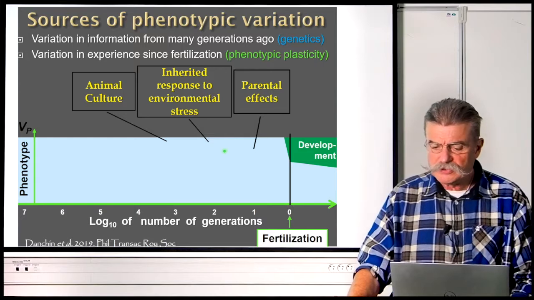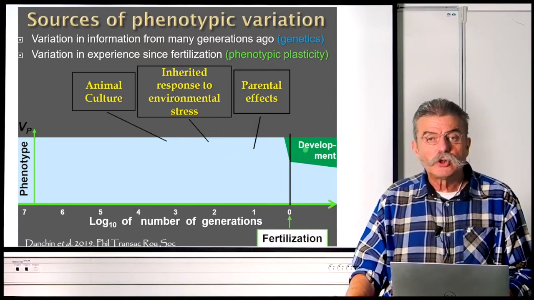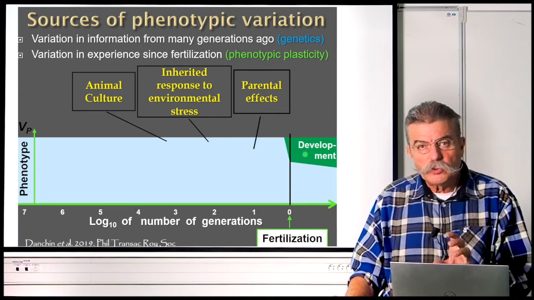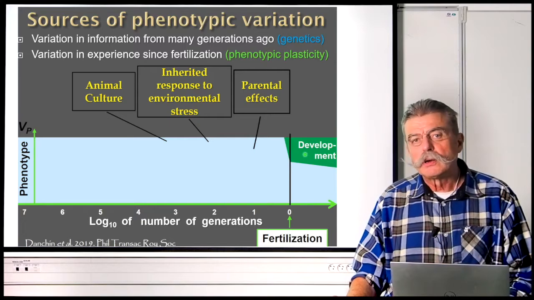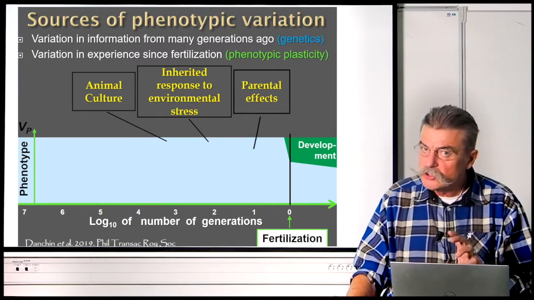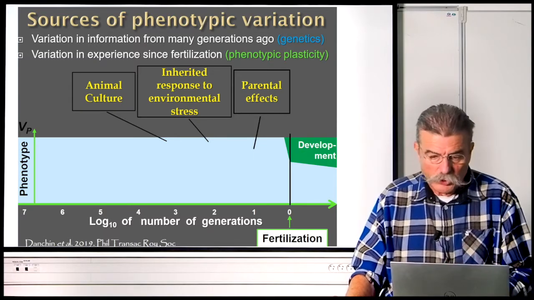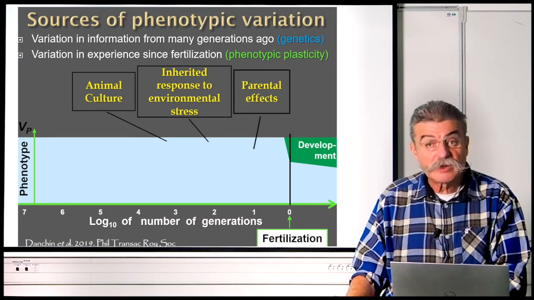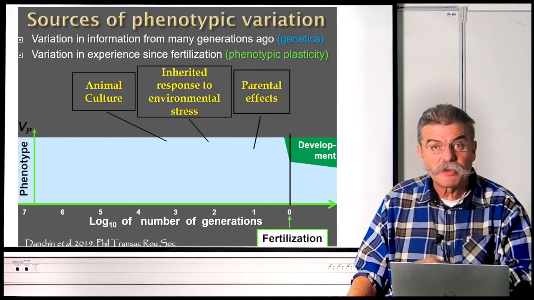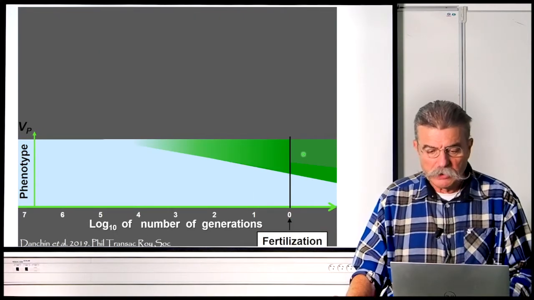So all this means that this green area, the area in which there is a change under the effect of the environment, a change in the fine-tuning of gene expression during development or within an organism, should be expanded far back in time, a bit like this.